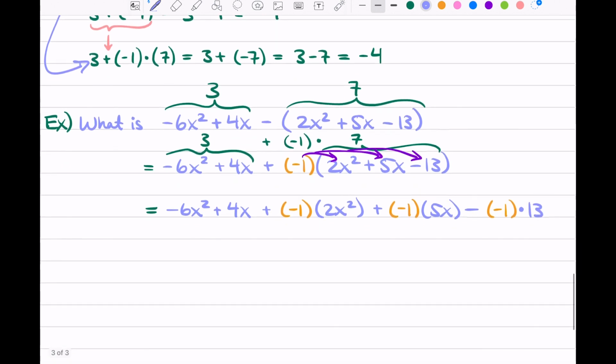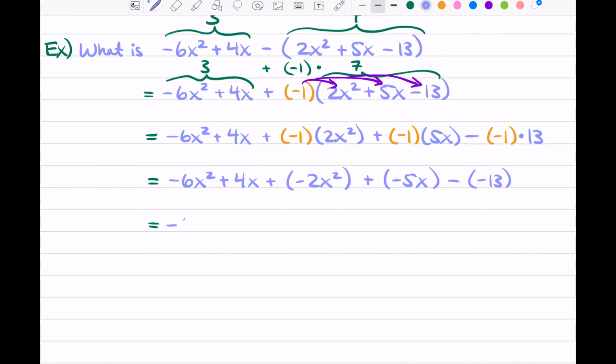Let's keep going. I'll keep it all one color now. We have -6x squared plus 4x plus -1 times 2x squared is -2x squared, plus -1 times 5x is -5x, minus -1 times 13 is -13.